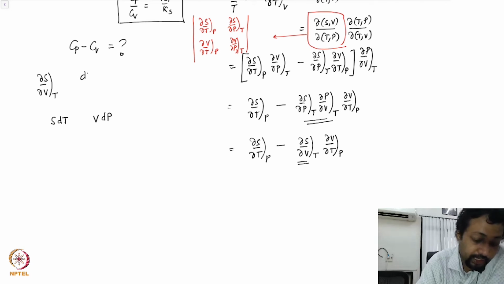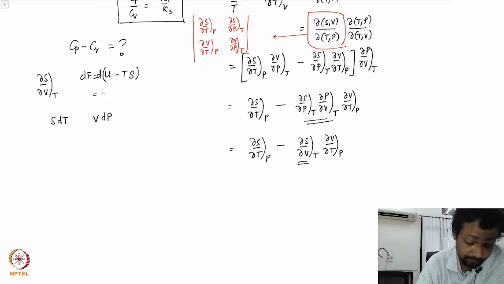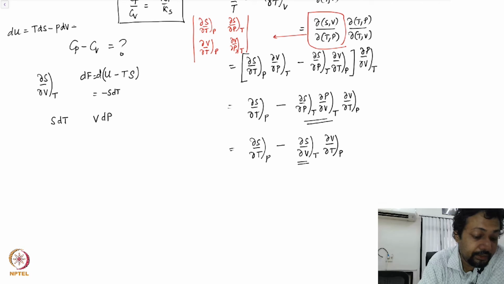If I just look at dF, which is U minus TS, d of U minus TS is minus SdT. Recall your first law again: dU is equal to TdS minus PdV plus mu dN.